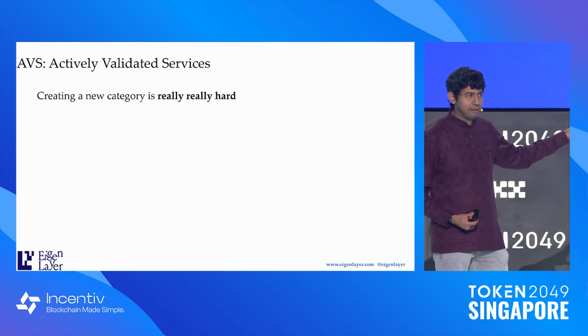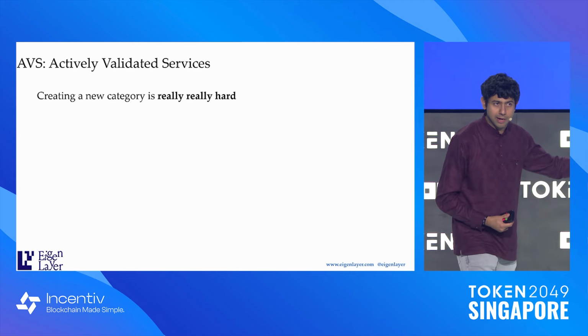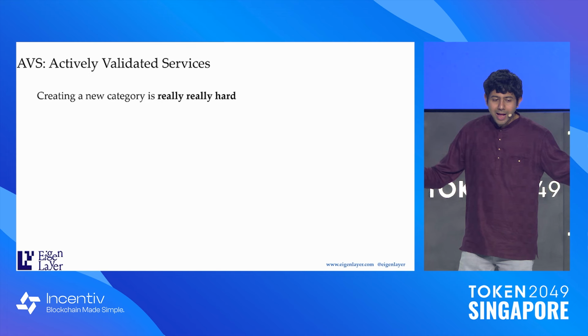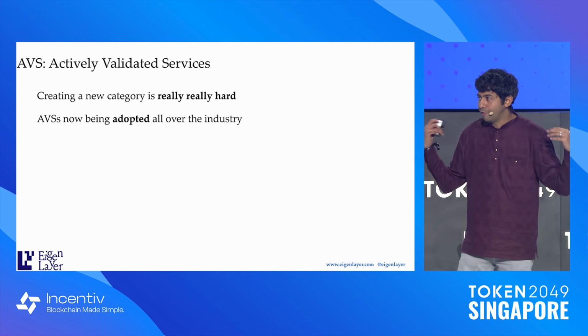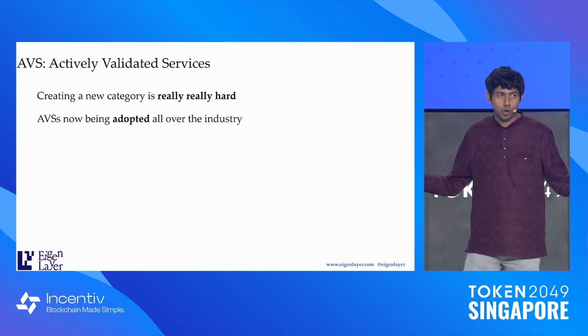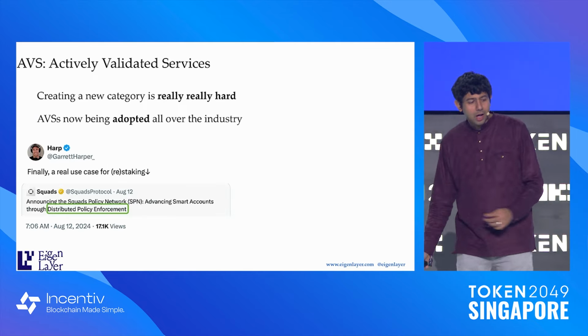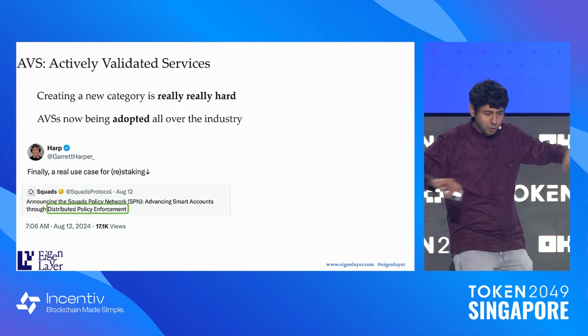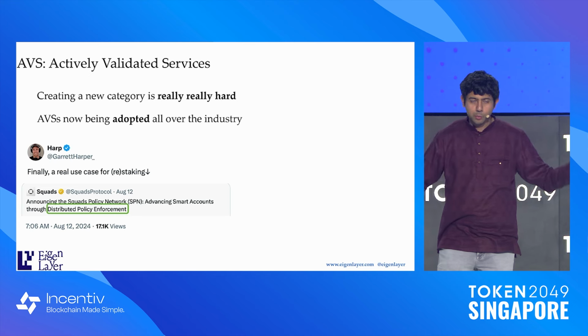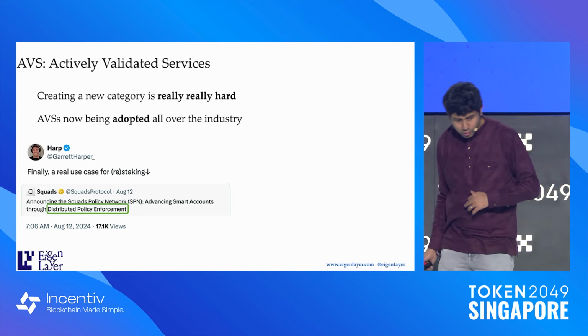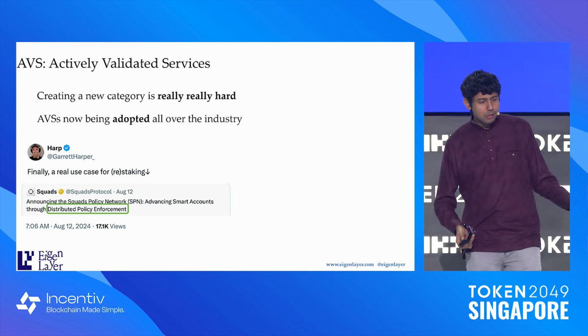Creating a category is very, very difficult. We've done this many, many times till now in the EigenLayer ecosystem. And one of the things we see is this idea of actively validated services now being used all over the industry. And here is an example from our friends in Solana. Finally a real use for restaking in the Solana ecosystem, distributed policy enforcement. The Squads protocol, which we really like, is using it.